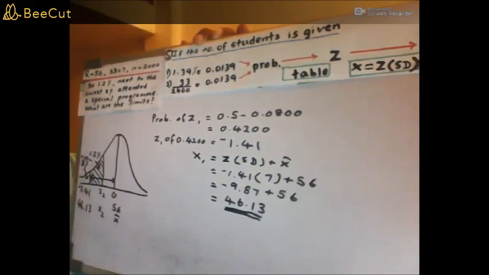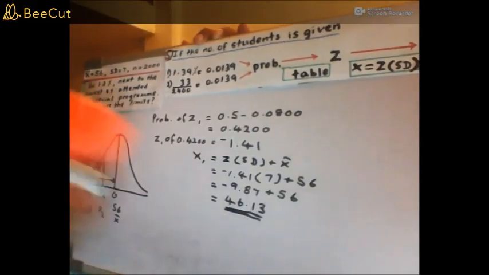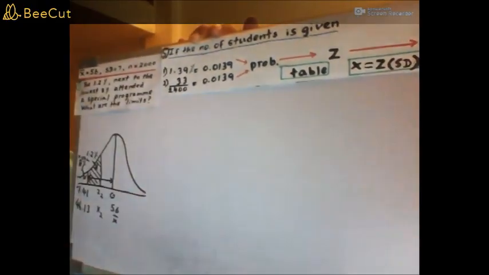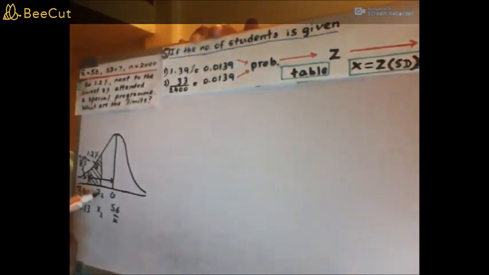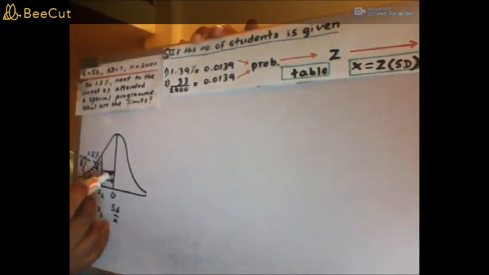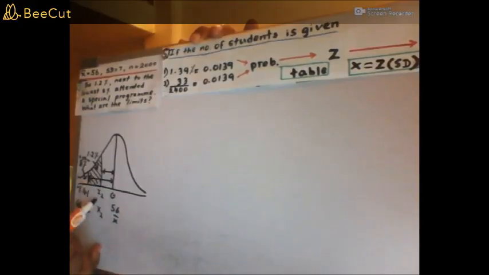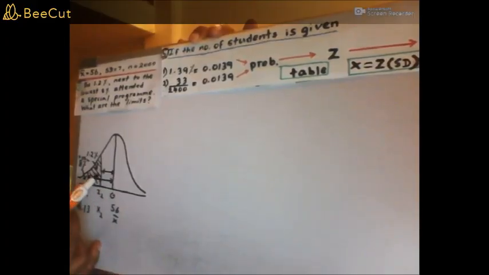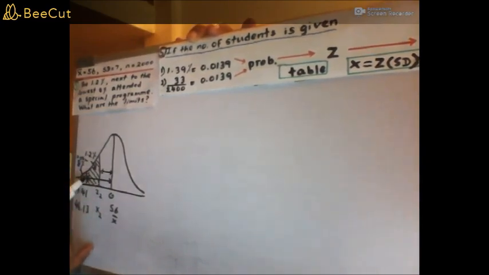This one. Right? I'll erase this. Z2. To find the Z2, we have to know the probability of this area. Right? This area only is Z2. Then we have to deduct this whole area from 0.5 to get this area, just like the previous example.